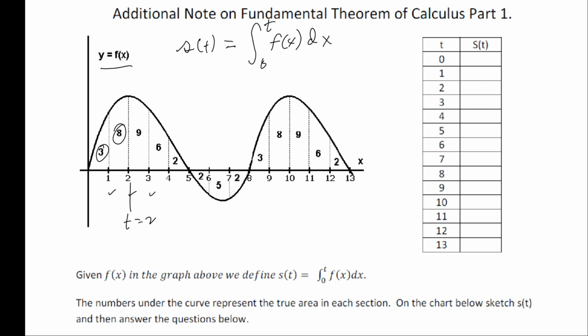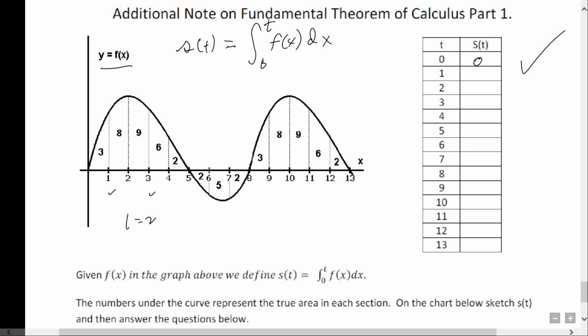So what I want you to do is fill in this table here for various values of t and observe what is happening to s of t for various values of t. So let's look at it. Obviously at t equals 0 you picked up 0 area. At t equal 1 you picked up 3.